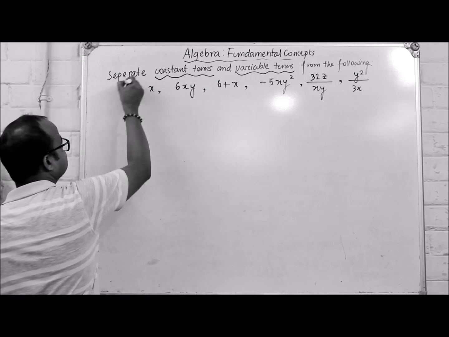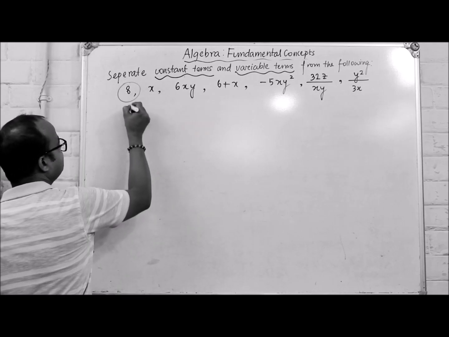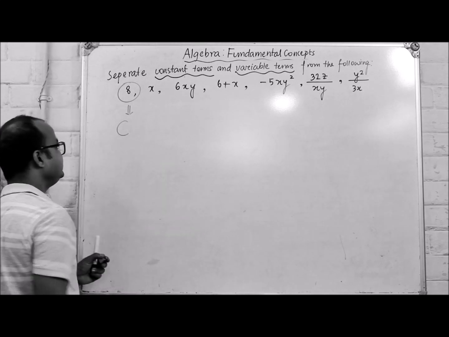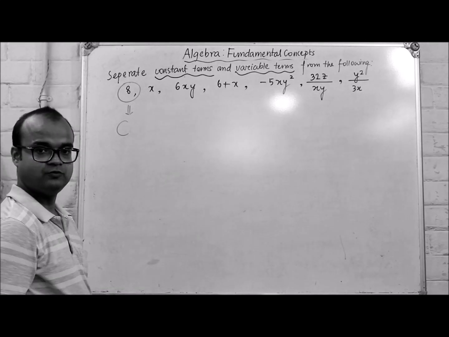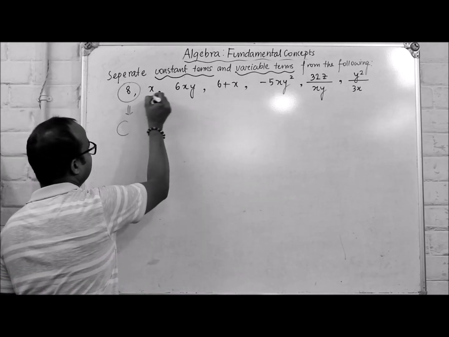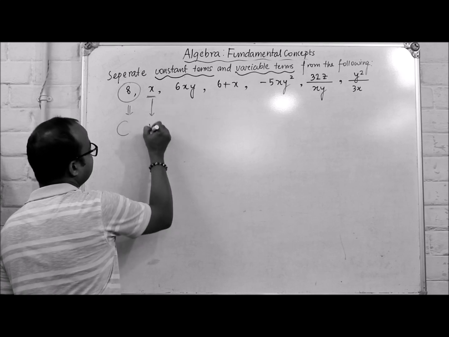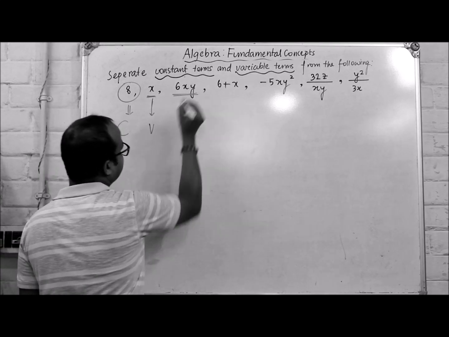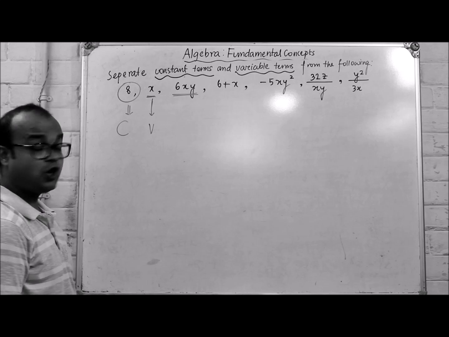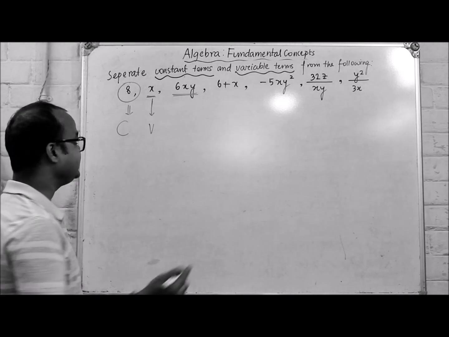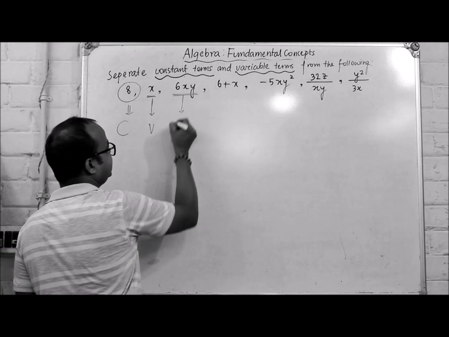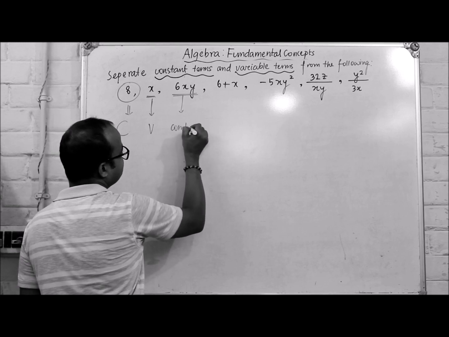8. It is a constant. So I am writing C here. X, variable. It is a variable. 6xy. It is a combination of constant and variable.